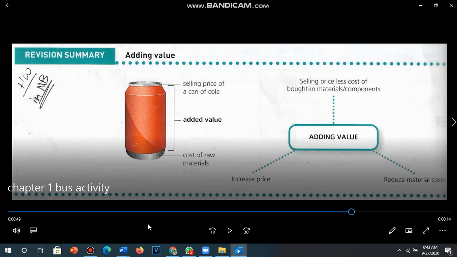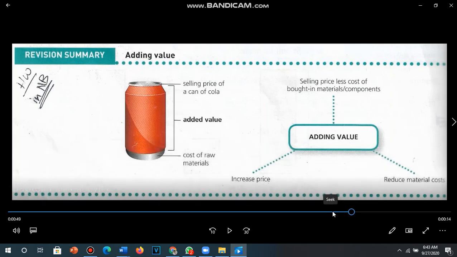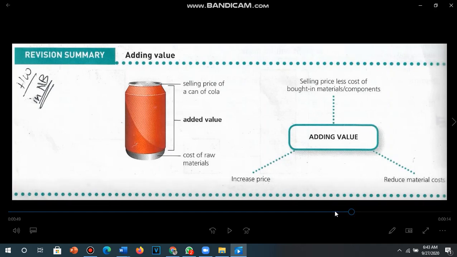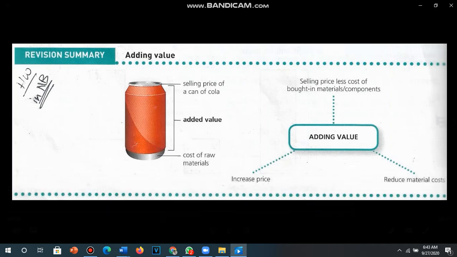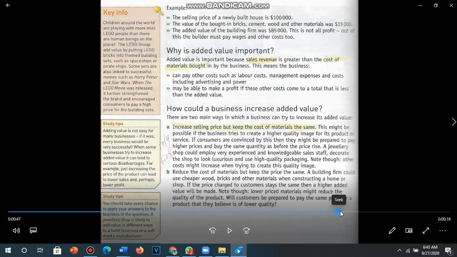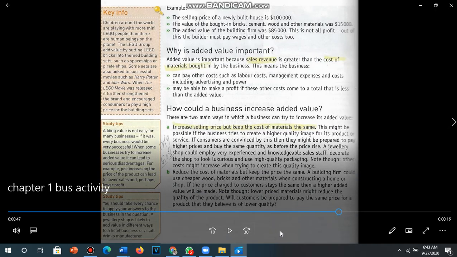So let us try to go back. Why is added value important? This is just a summary given. Now let's go back to the reason for why the added value is important. Added value is important because sales revenue is greater than the cost of materials bought in by the business.